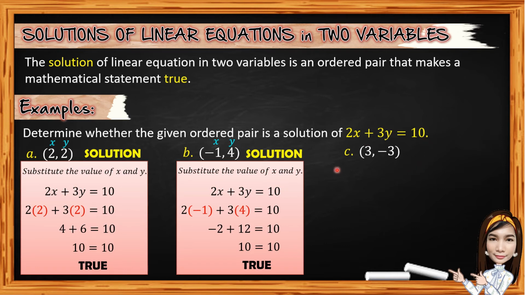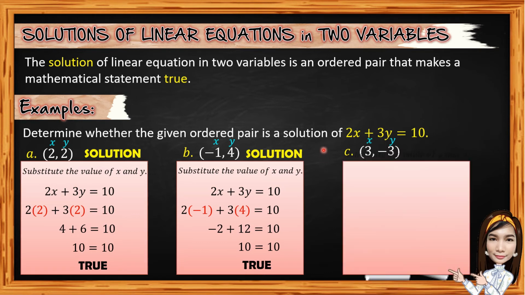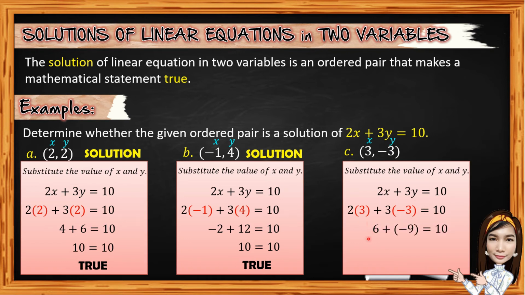For letter C, we have (3, -3). First, we're going to label x is 3 and y is -3. Then, we're going to substitute or replace the value of x and y in the given equation 2x plus 3y equals 10. So, we have 2 times the value of x, which is 3, plus 3 times the value of y, which is -3, equals 10. Then, simplify. 2 times 3 equals 6. Then 3 times -3 is -9 equals 10.